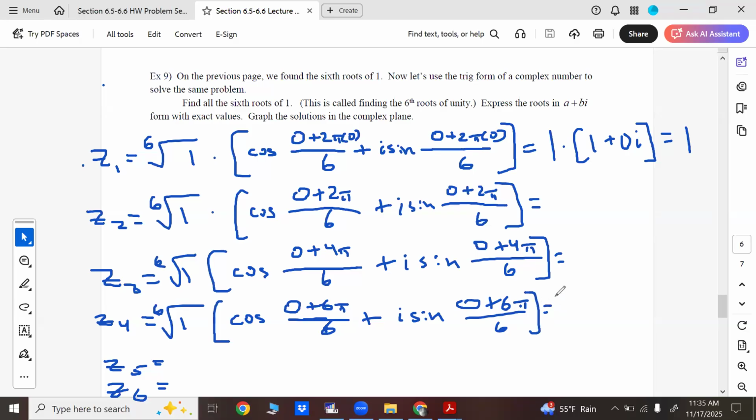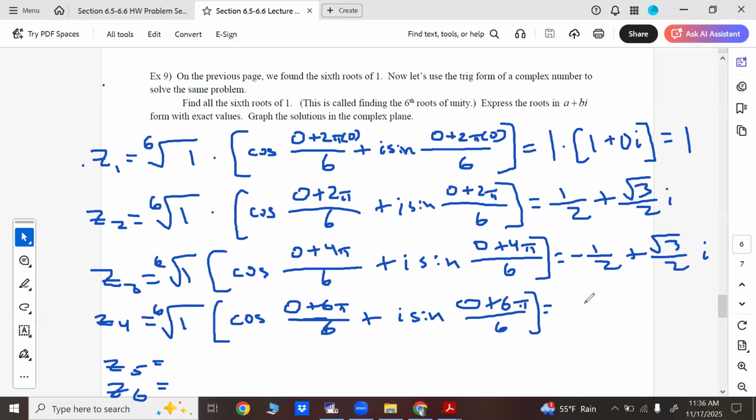Okay, so yeah, you can see it gets kind of nasty because you've got pi over 3, 2 pi over 3, pi, and so forth. What's cosine of pi over 3? So I'm going to have 1/2 plus root 3 over 2 i. And that's going to be negative 1/2 plus root 3 over 2 i.